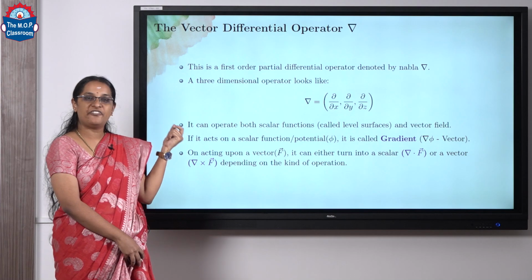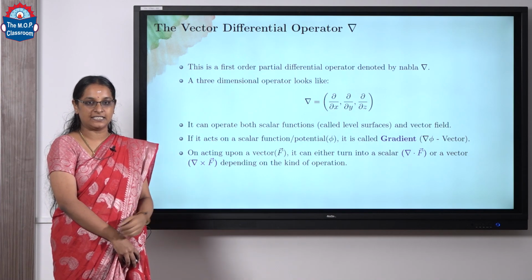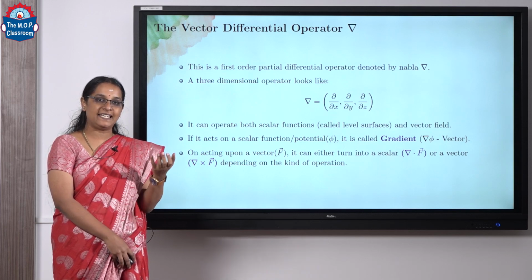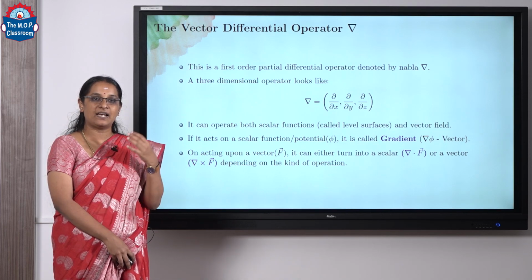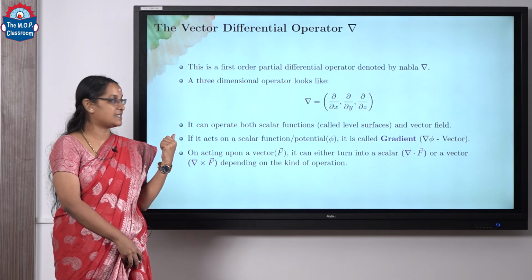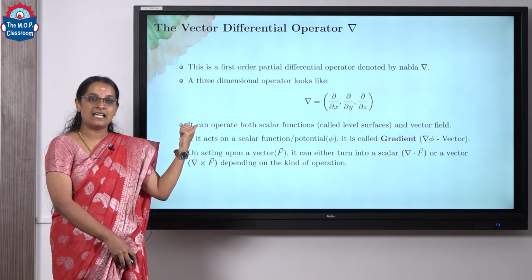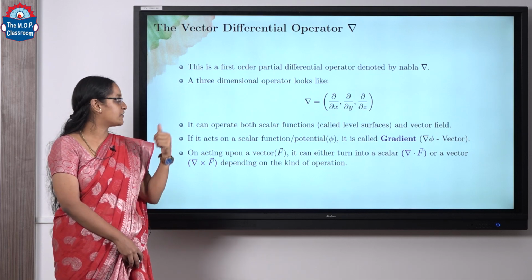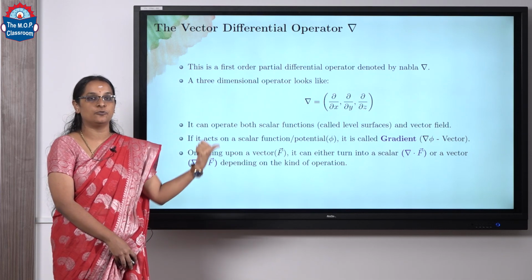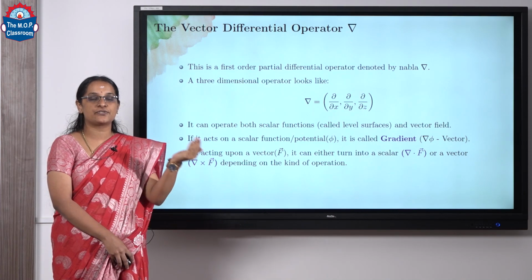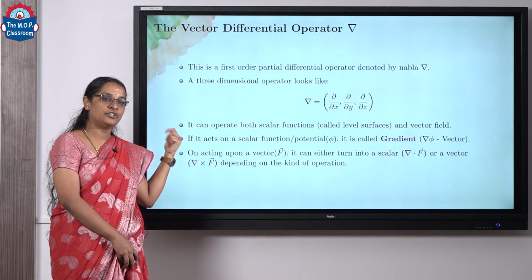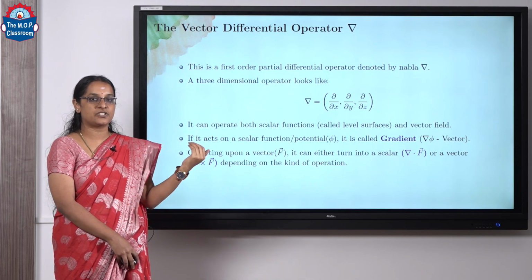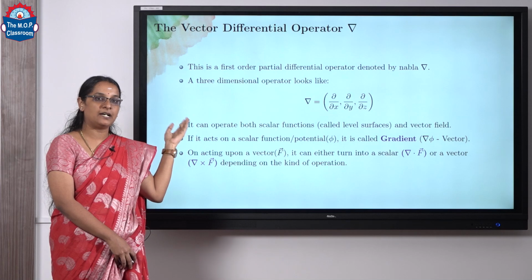It is a first order partial derivative operator, dependent on the spatial derivatives. If your field is three-dimensional, you have three directions x, y and z, and your nabla contains three derivatives: dou by dou x, dou by dou y and dou by dou z. If it is reduced to two dimensions, you have only dou by dou x and dou by dou y. Depending on the dimension, your nabla will keep changing.